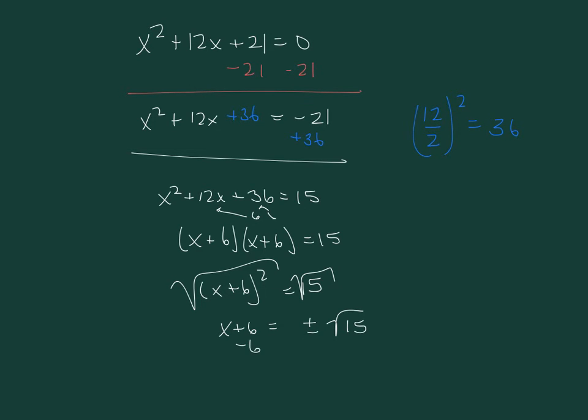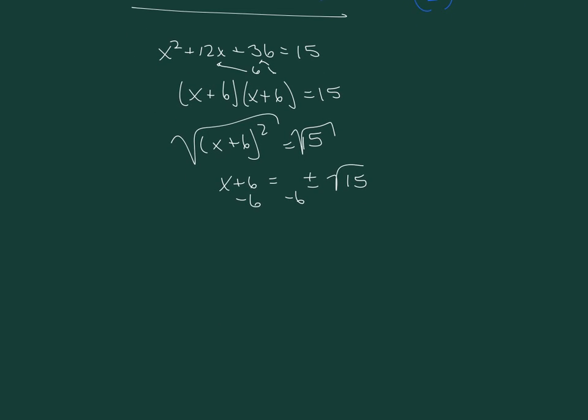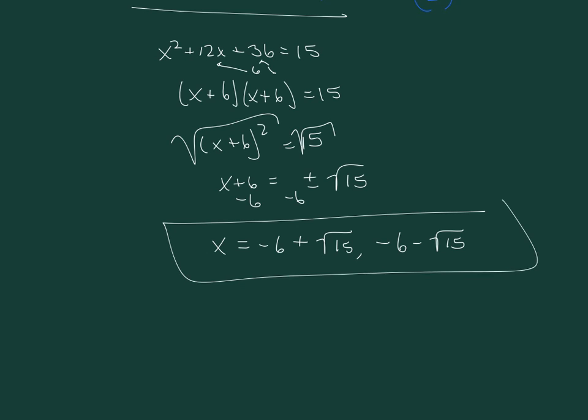I subtract 6 from both sides. This leads us to x equaling negative 6 plus square root of 15, comma, negative 6 minus square root of 15. And there you have it. And then obviously, again, you just plug that into a calculator and let the calculator kick out an answer for you.